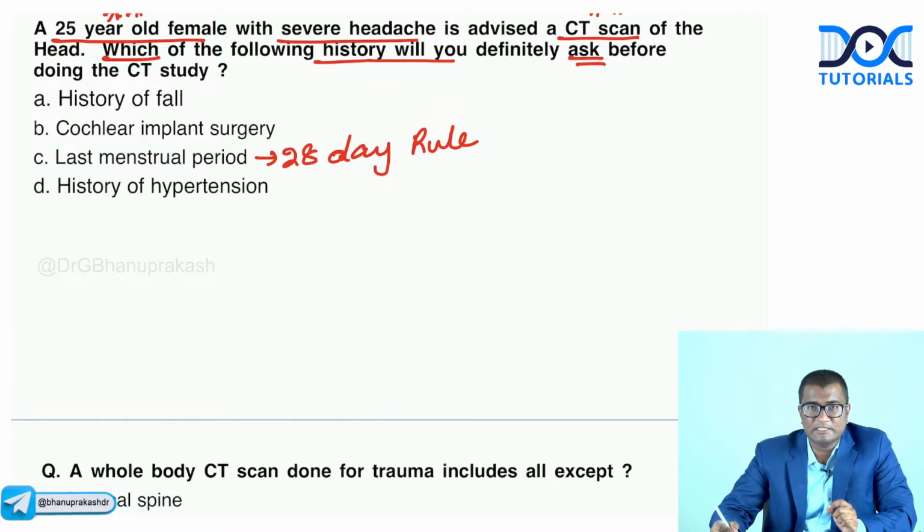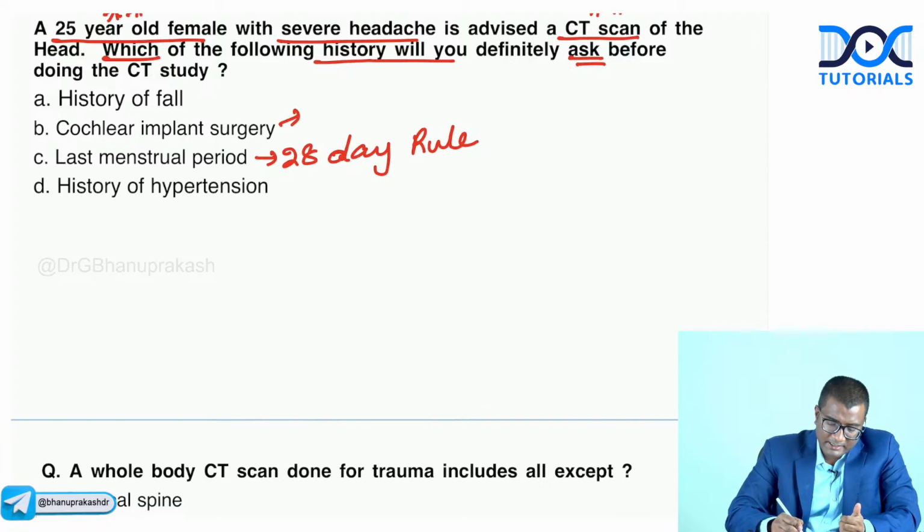If she says she had proper menses on the regular date, we go ahead and get it done. But if she says her menses had not come, we always go for a pregnancy test, then we go for this diagnostic modality. So it's very important to follow this 28-day rule, especially when you're dealing with a female of reproductive age group where you can expect an undiagnosed pregnancy to be present.